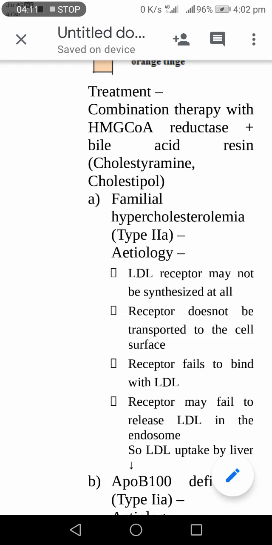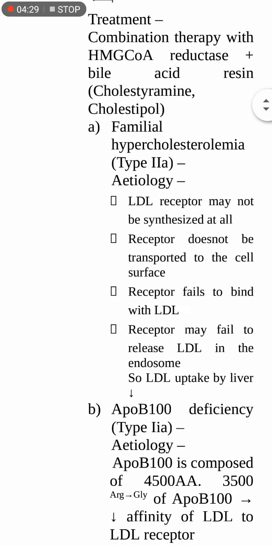Familial hypercholesterolemia may be due to the LDL receptor not being synthesized at all. The LDL receptor is present in the hepatocyte cell membrane, and it may not be synthesized. Or the receptor is not transported to the cell surface.